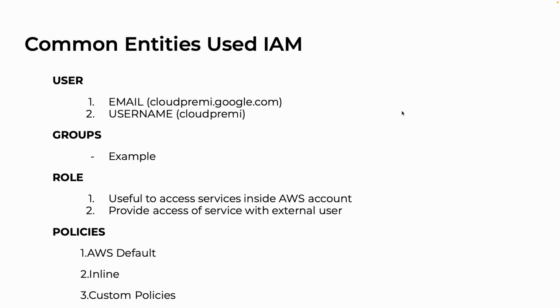As a heads up, you can create a role to access services within an account, or if somebody from another organization or another member wants to access some specified services in your AWS account, the role plays a vital role. So role will be useful where you want to give access inside your AWS account, and if you want to give access to services to external users.